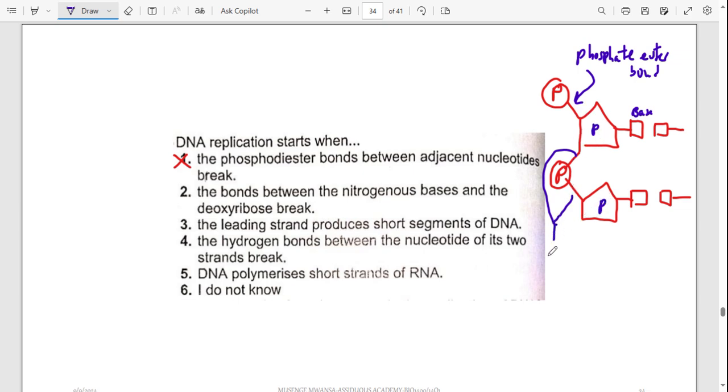So the bond becomes known as phosphodiester bond. So phosphodiester bond is between the two guys. And then you have got this bond between the nitrogenous base and the pentose sugar. This is known as N glycosidic bond.